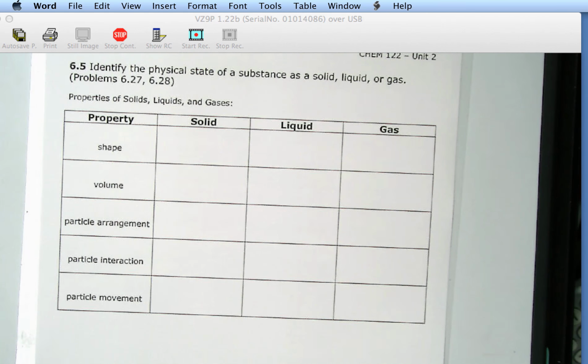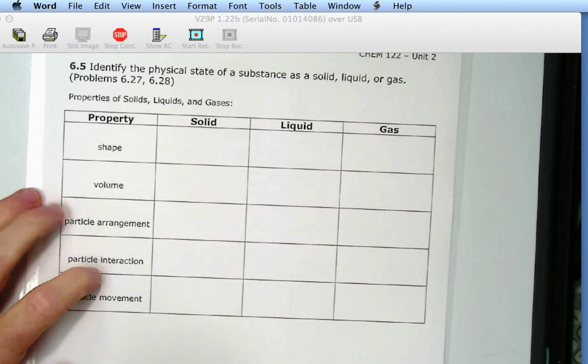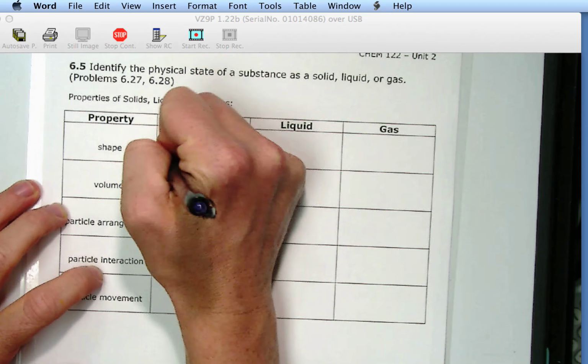You just don't know it in terms of a table like this. We all know this. We use it every day. But now I'm asking you to put it into a table and put it into words. So you know it. The shape of a solid. Do solids have shape? Yes. You think of a block of wood, it has a definite shape. So a solid has definite shape.